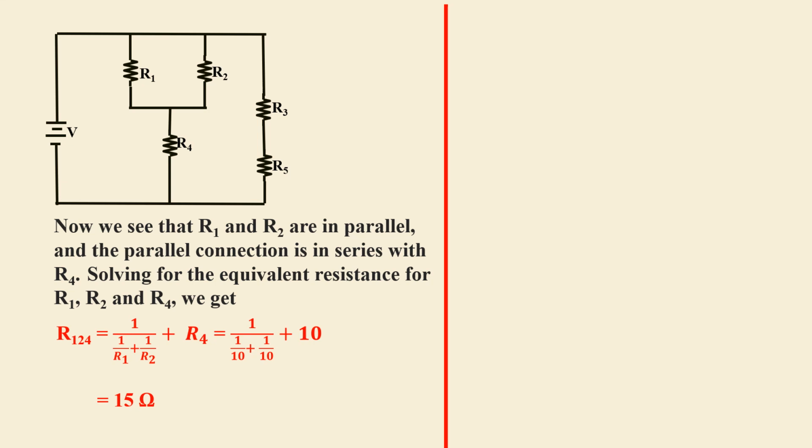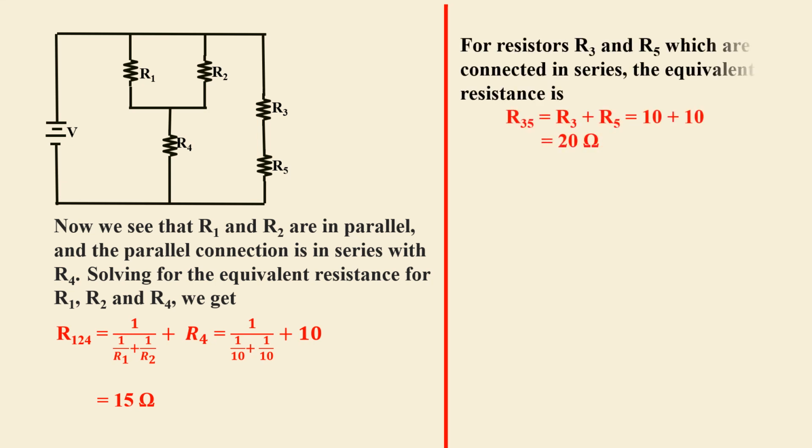So substituting the values and simplifying, we get the equivalent resistance for resistors R1, R2, and R4 is 15 ohms. For resistors R3 and R5, which are connected in series, the equivalent resistance is R35 equals R3 plus R5, or 10 plus 10 equals 20 ohms.